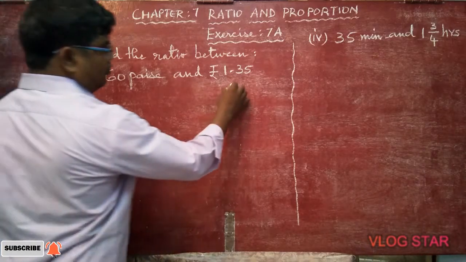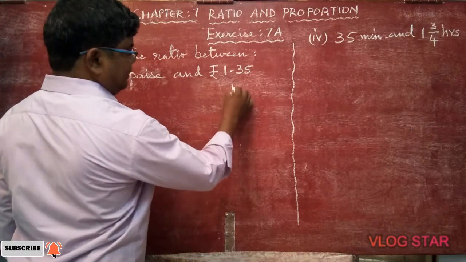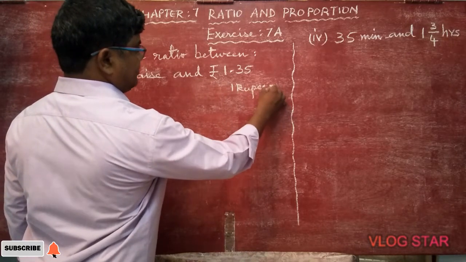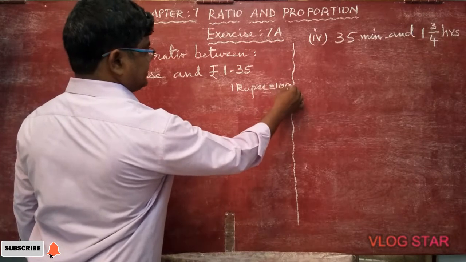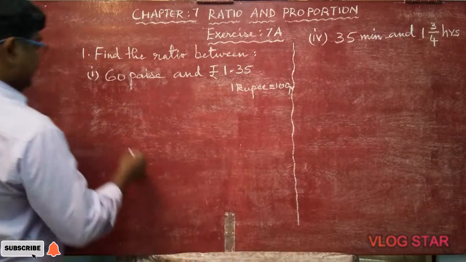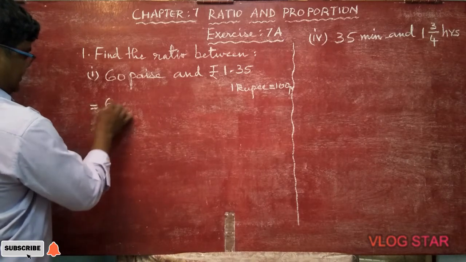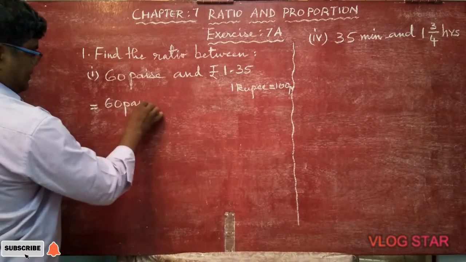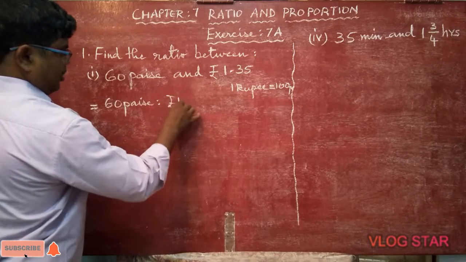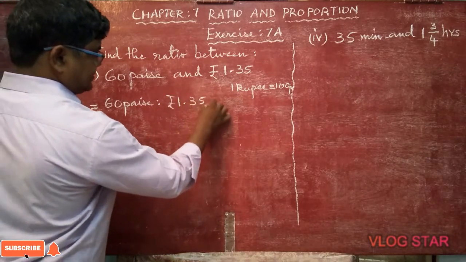We know 1 rupee is equal to 100 paise. So here 30 paise is to 1 rupee 35 paise.